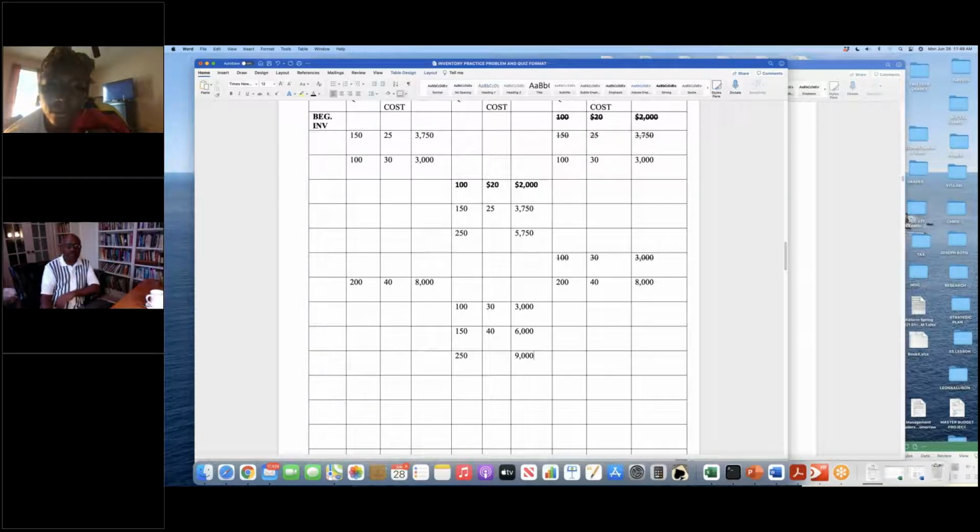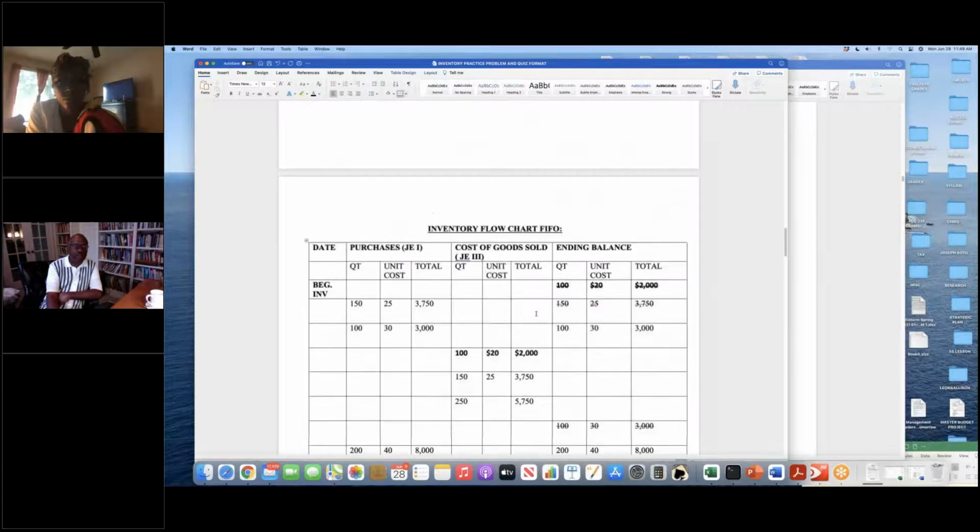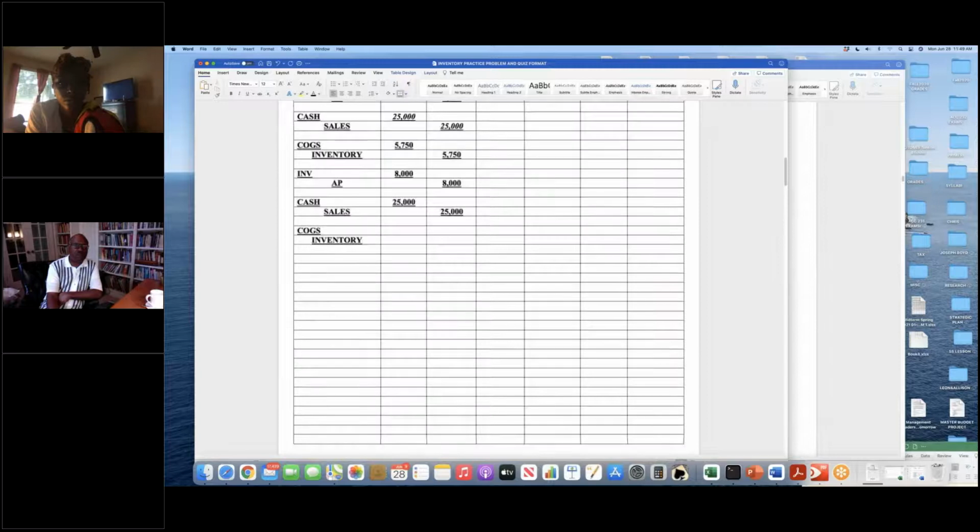What do we have left in inventory? 50 shoes at $40 a piece, totaling 2,000. Now, this cost of 9,000 is going to come in our journal entry. So that's the purpose of that chart.